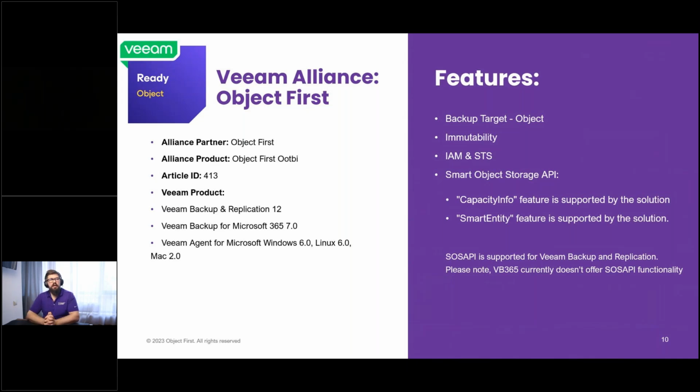So the SOS API feature sometimes is not applicable for each and every vendor, but we have it. Veeam Backup for M365 doesn't have SOS API capability, so it will work just as a regular storage with degraded performance. If we compare with and without SOS API on the same appliance, we can say about 1 gigabyte per second, not gigabit, but gigabyte per second for backup with SOS API and smart entities enabled, against 100 megabytes without SOS API.